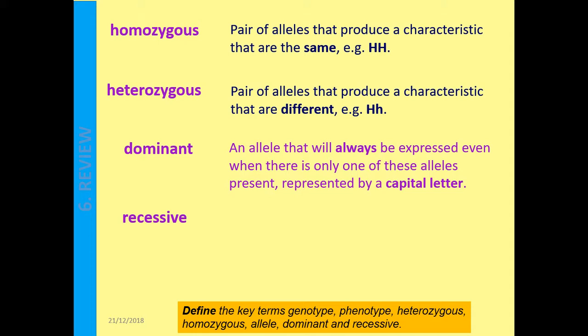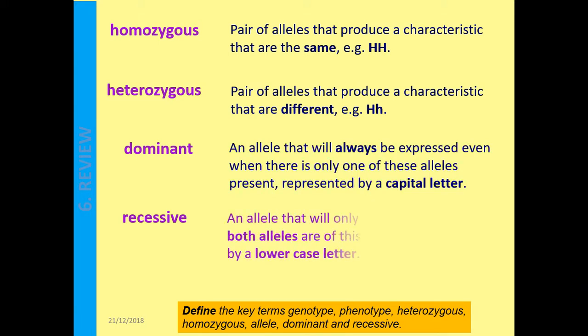And then recessive is an allele that will only be expressed when both alleles of this type are present, okay, represented by lowercase letters. So this would be our little r, little r. You cannot get a recessive trait shown if both alleles are not the recessive trait. They must both be the recessive alleles for that recessive feature to show.